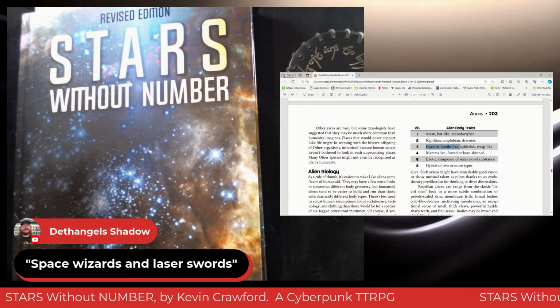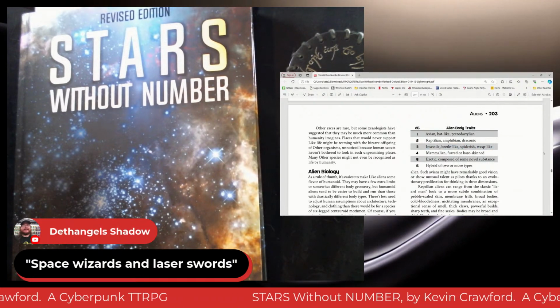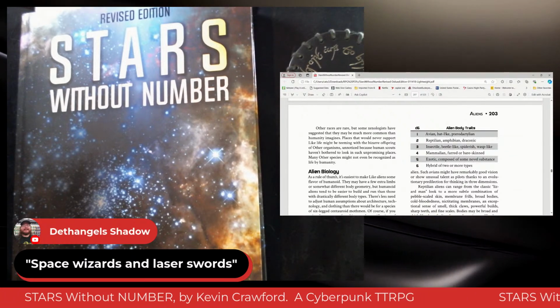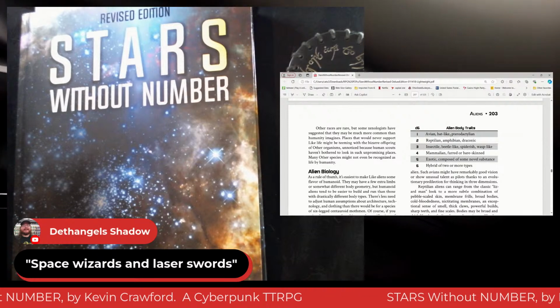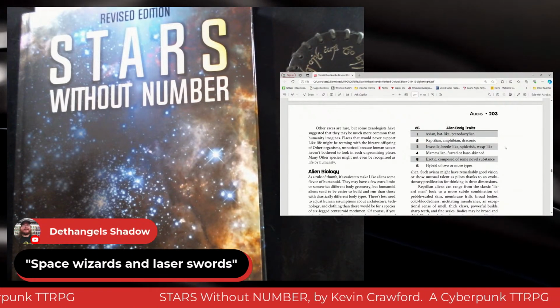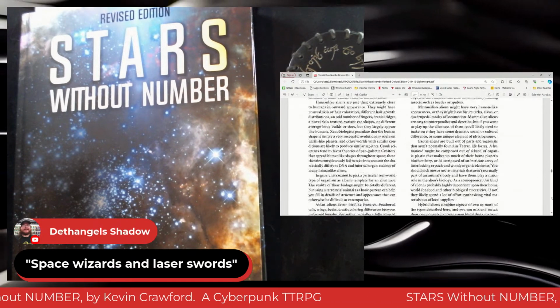Insectile is beetle-like, spider-ish, wasp-like, something like that. Reptilian, we've seen reptilians and amphibians many times. Draconic. And then avian, bat-like, pterodactylian. I think I put the correct emphasis on the correct syllable.